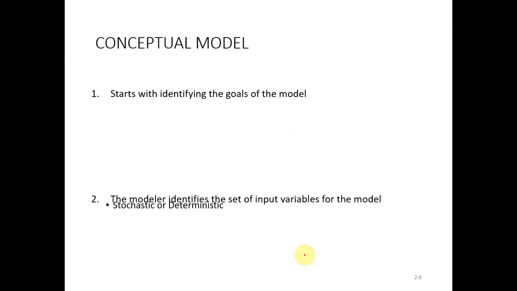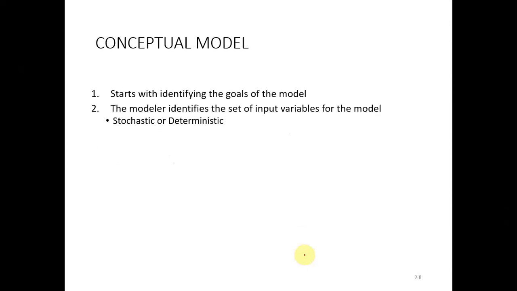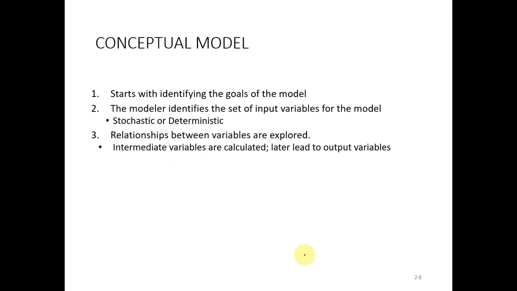In the conceptual model, you start with identifying the goals of the model and what the input variables are, whether stochastic or deterministic. Stochastic means random variables, that is, whether the input variable is random or not. Then relations between variables are explored, how the input variable affects the output variable.